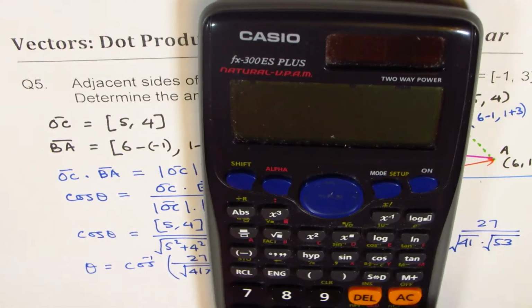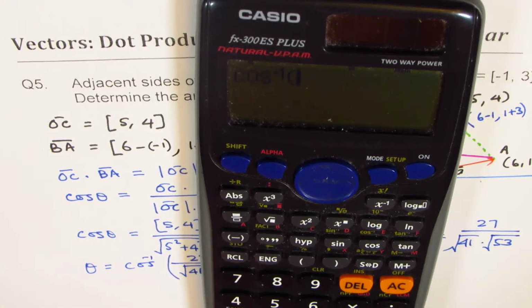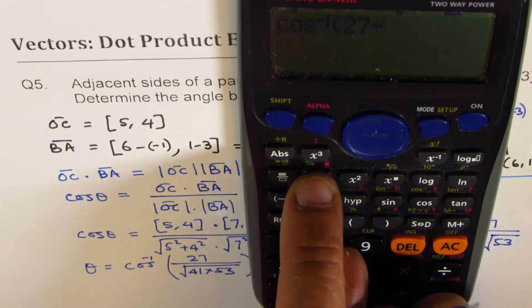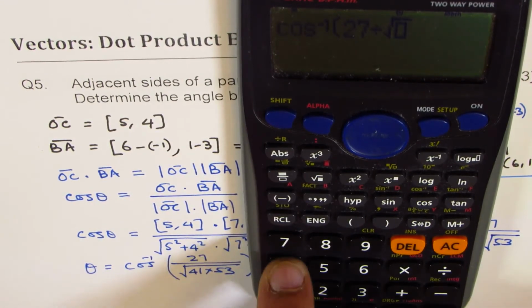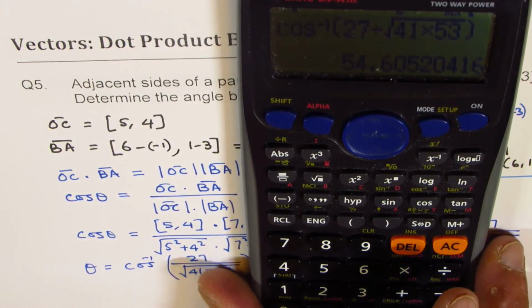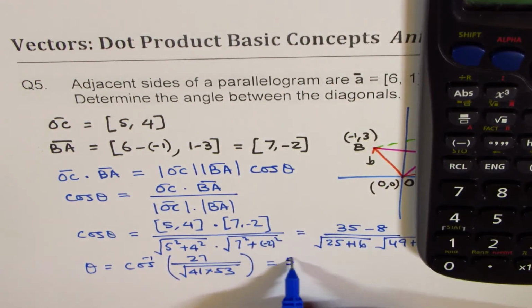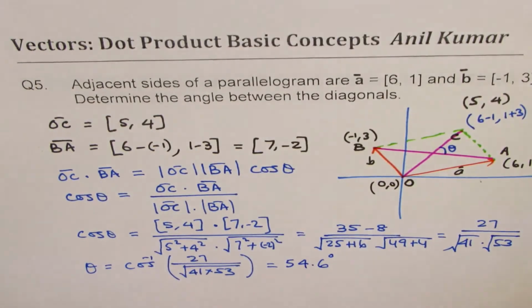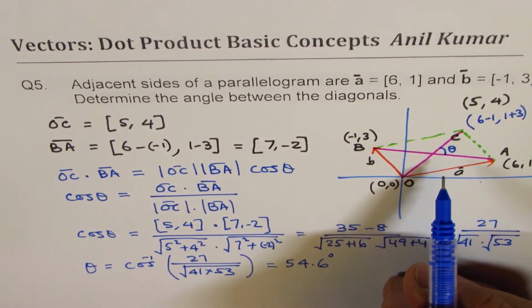So we'll do shift cos inverse, within bracket we have 27 divided by square root of 41 times 53, bracket close, equals, so you get 54.6 degrees. So that's the angle theta which we get, right?